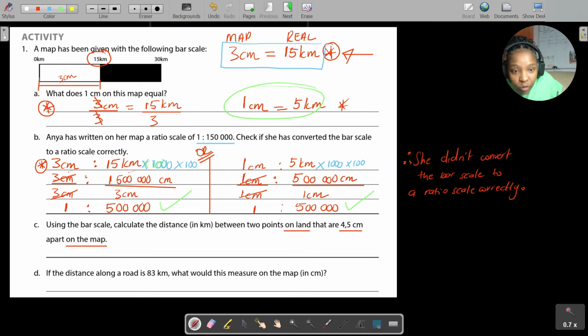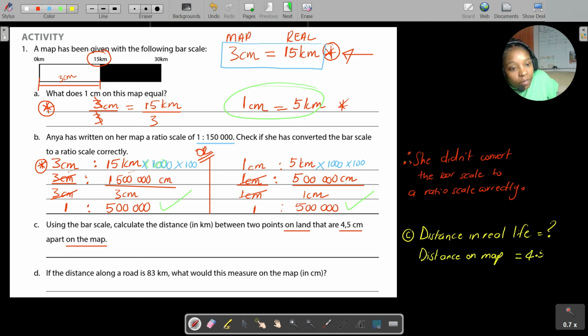Okay, so for C, we are trying to determine what? The distance on the land. So in other words, the distance in real life. That is what we want. Question mark. What are we given? Distance on the map. What is the distance on the map? 4.5 centimeters. They're asking us to use the bar scale to calculate the distance in real life in kilometers.